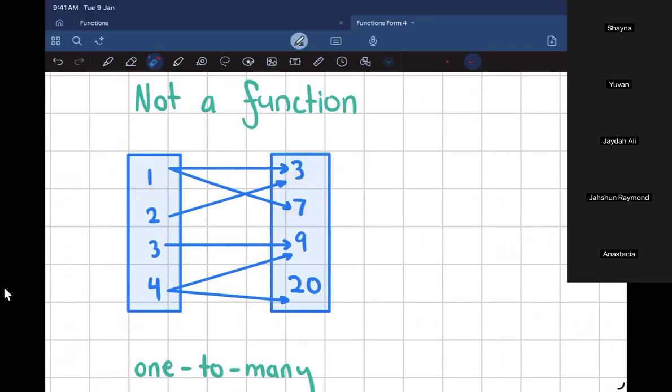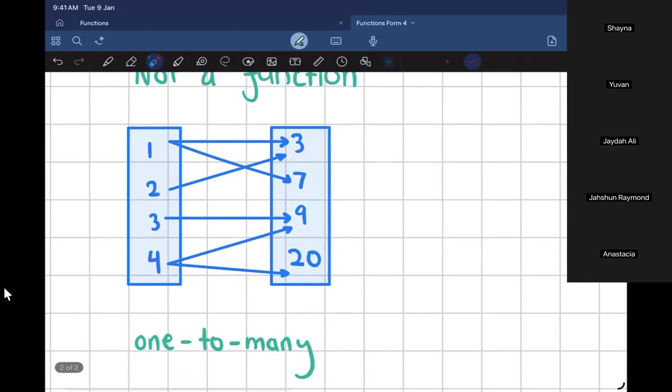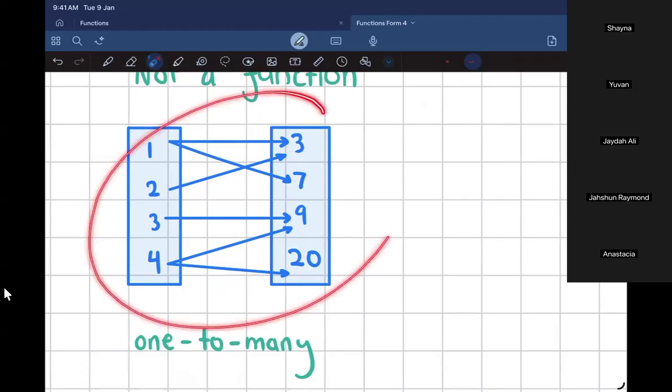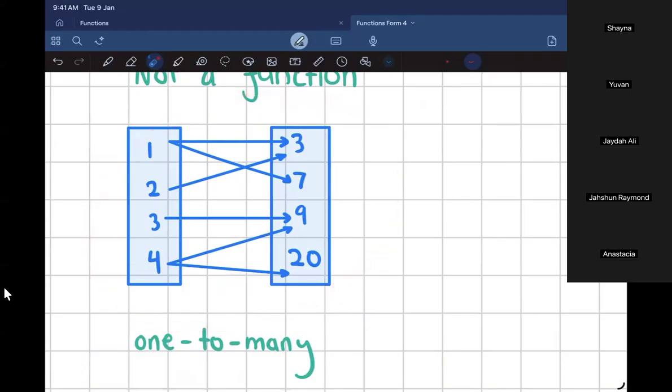So Yvonne, you understand why this is not a function? Yeah. All right. So Joshon, you there? Okay, Joshon, I'm now hearing you. Joshon, first of all, do you understand why I'm calling this a one-to-many function? Well, sorry, not a function. Do you understand why I'm calling it one-to-many?